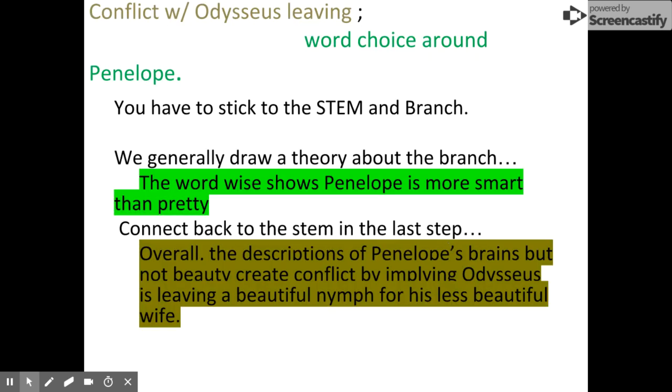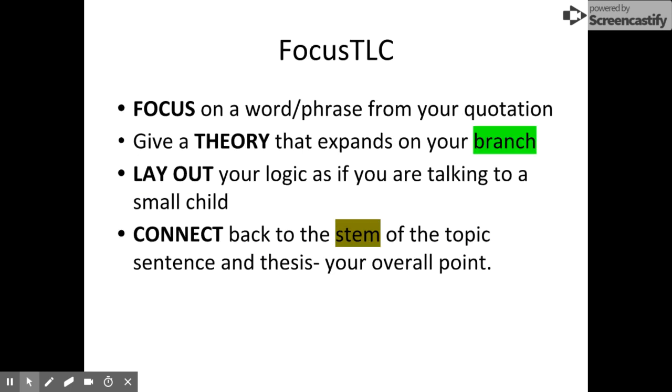So here is an example of doing it a little bit better and making sure you're aligned to your stem and branch. So again, the steps: focus on a word, give a theory that can usually be one sentence together, then take a few sentences to lay out your logic, and then finally connect back to your bigger point.